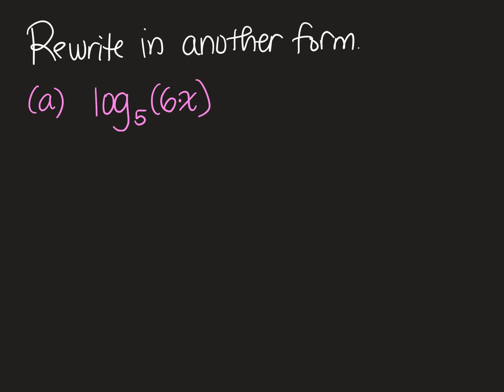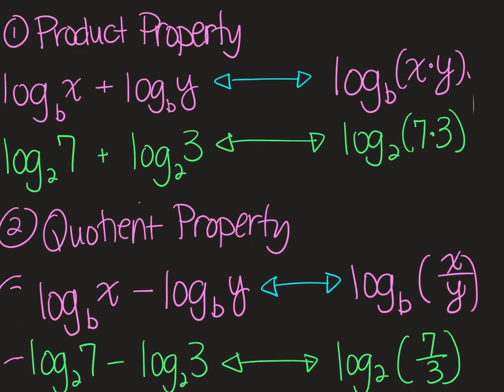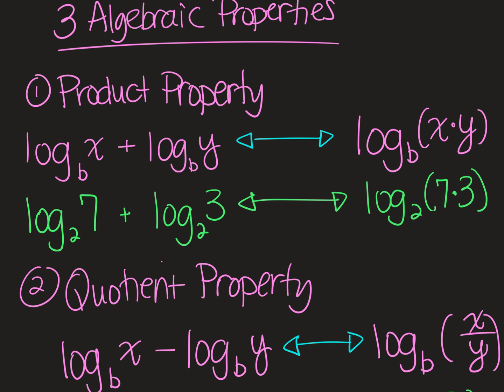So think of this as a logarithm that has a product going on. So we can use our product property. What we have is one logarithm. So if I go up to our properties here, what we have is one logarithm here. So we're given this guy. I want us to go to this, split it up into two logarithms. So we're going from one logarithm to two logarithms. I know it's the product property because I'm multiplying things together.